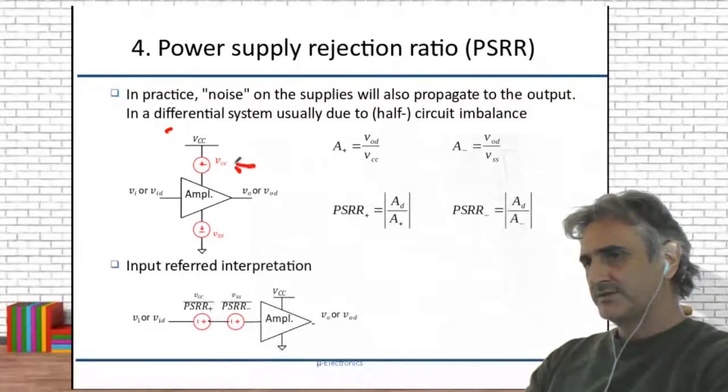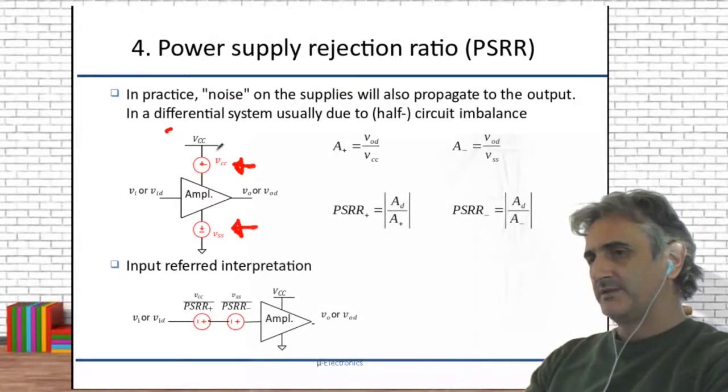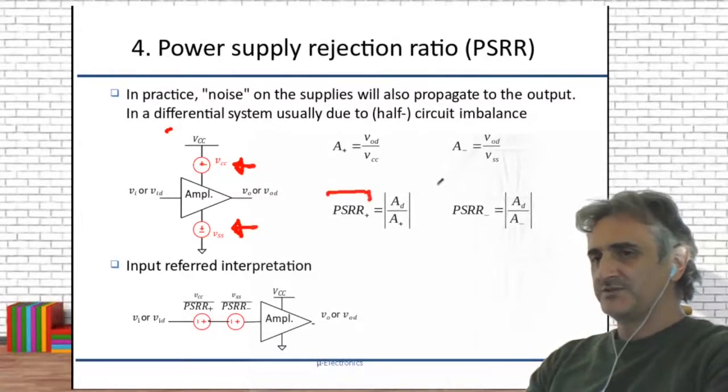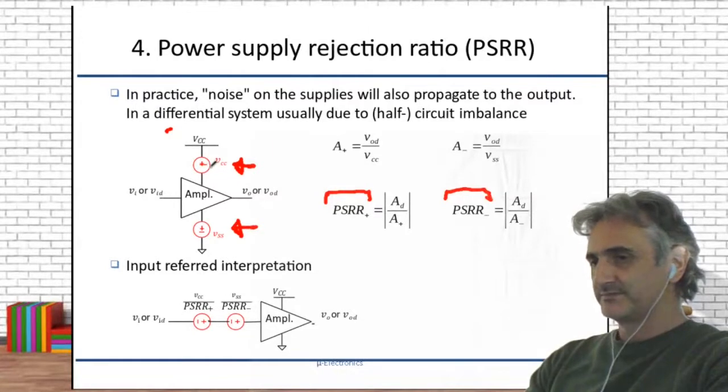You have a noise at both the positive power supply and the negative power supply. And you have these expressions that are just telling you how much the output is affected by this noise.